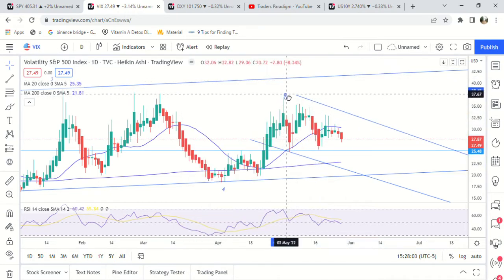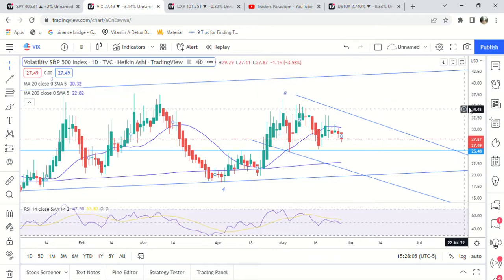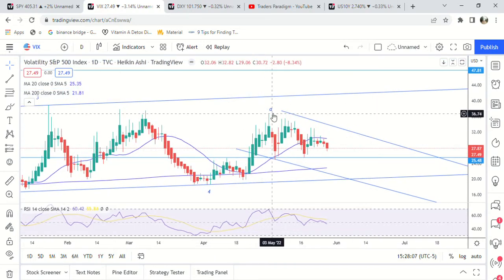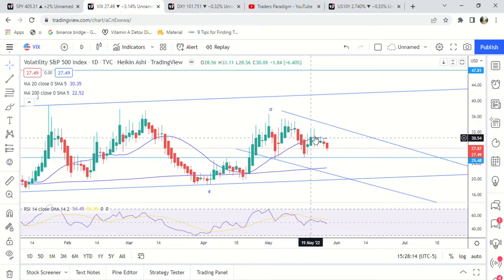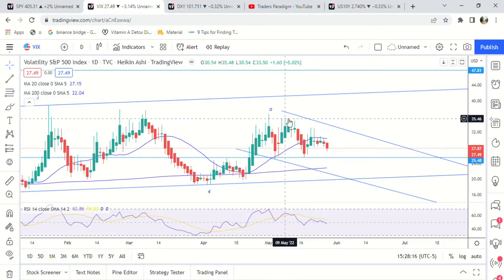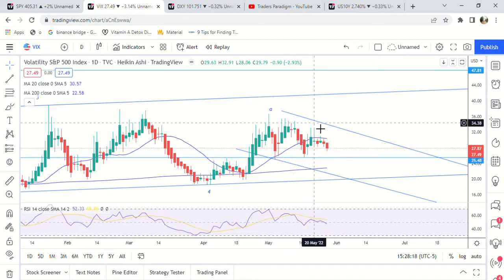And then what I'm looking at now, after this first move, I could put a 1 there, I guess, too, but we have A, B, 1, 2, 3, 4. So 1, 2, 3, 4. And then it looks like we have another wave coming down here. 1, 2, 3, 4.